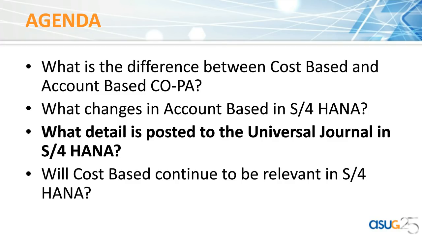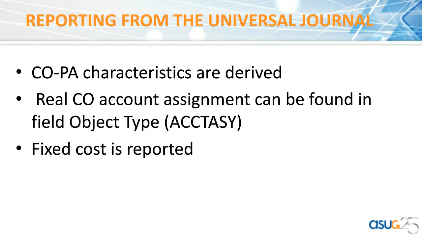A question that was still in my mind, even when I was introduced to those new features, was how much detail do I really get in that universal journal? So I captured some screenshots for you so that you have a better feel for what this means to reporting. First of all, our usual COPA characteristics are going to be derived.